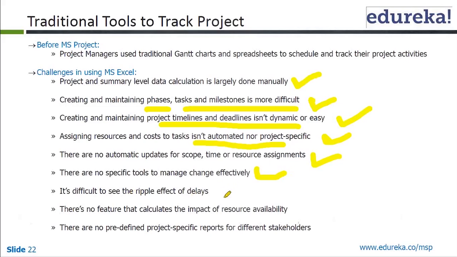It is difficult to see the ripple effect of delays. Any change that you make is not very effective. So if there is a delay in a task, even for the critical path method, for example, you will have to create your own critical path method.